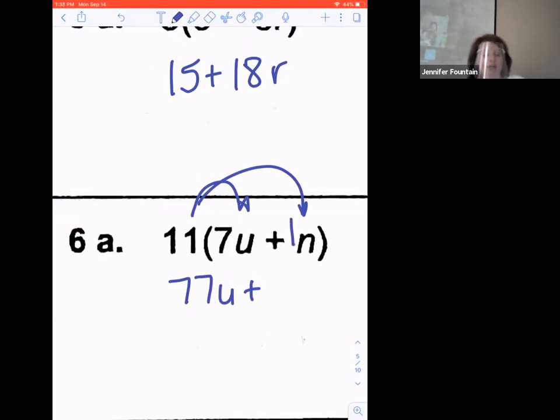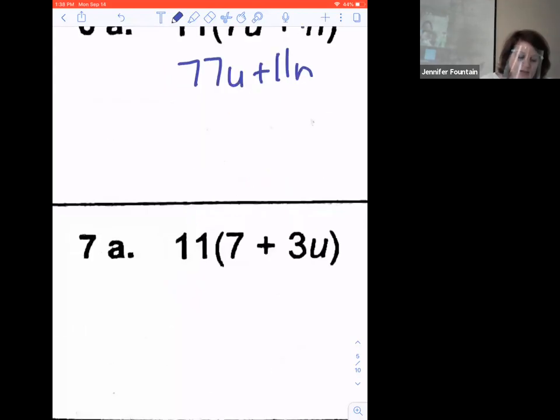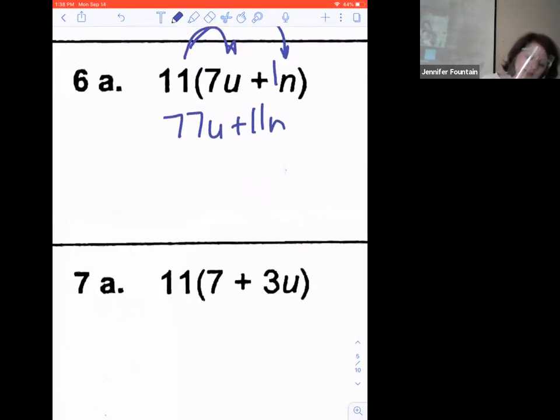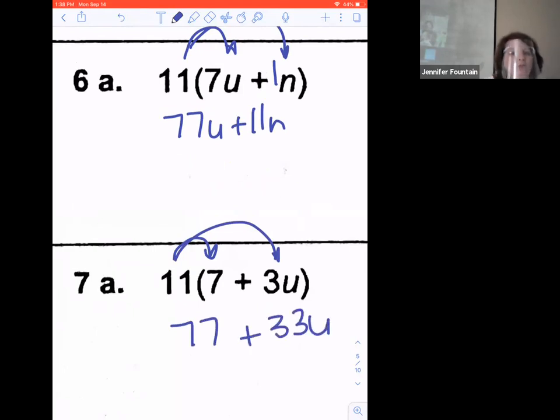So 11 times 1 would just be 11, and you don't have to put that 1 there if you don't need to. So 77u plus 11n. Now they have 11 times 7 plus 3u. So 11 times 7, 11 times 3u: 77 plus 33u.